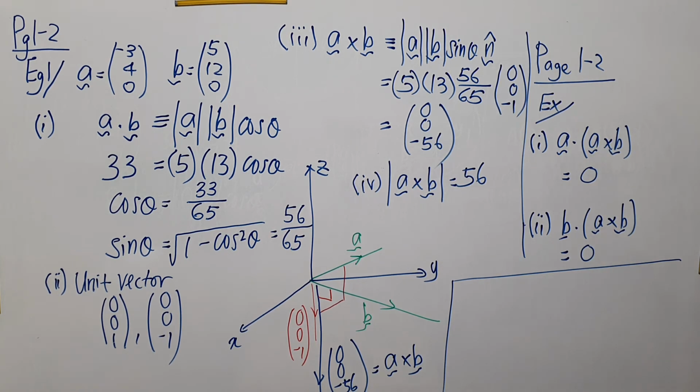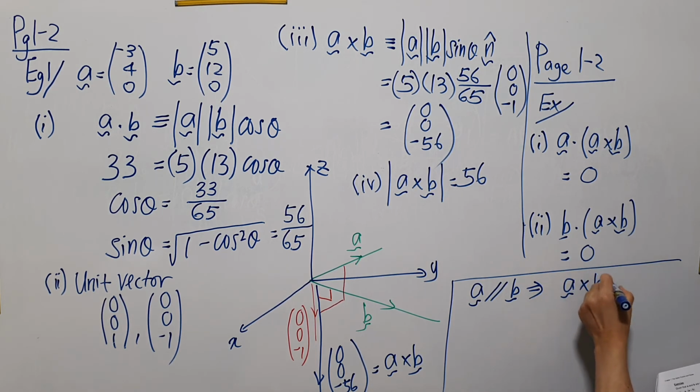In the first property, it says if two vectors A and B are parallel, then the first property is A cross B will be... I want to highlight to you that this symbol represents a vector. So what we are saying here is if two vectors are parallel, the cross product is a 0 vector.